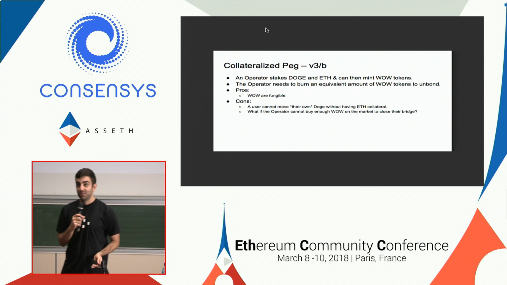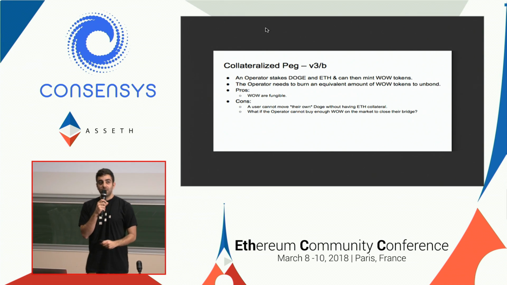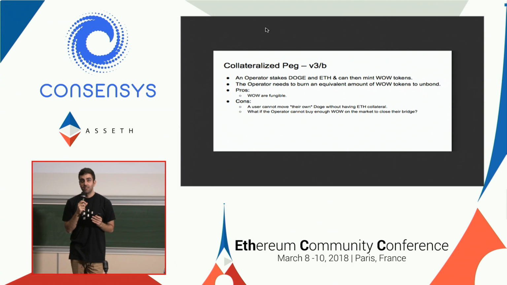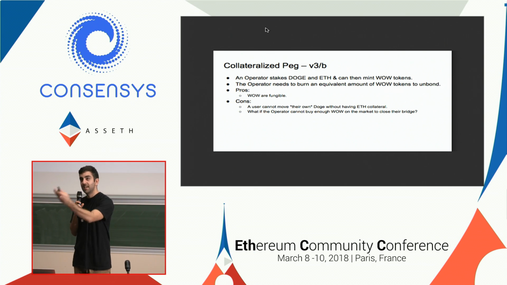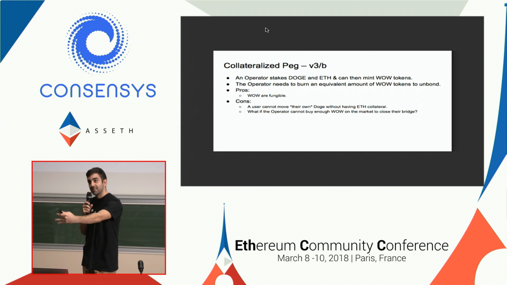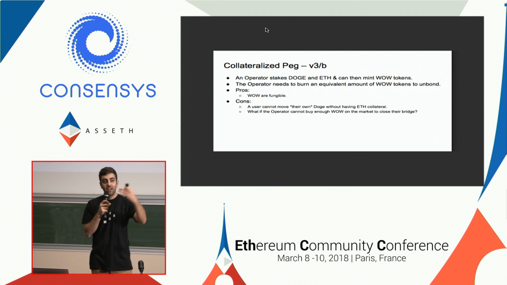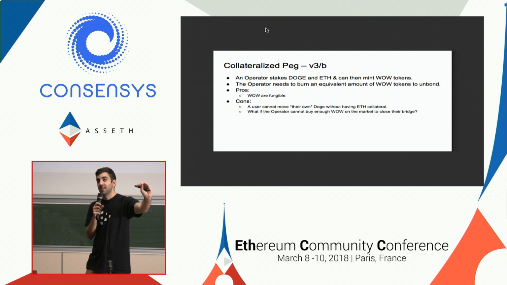The second proposal is a totally different axis of thinking. So the operator, I want to operate a bridge. I stake some ETH into the relay contract, and at that time, I'm already required to have enough Doge sitting in that address.